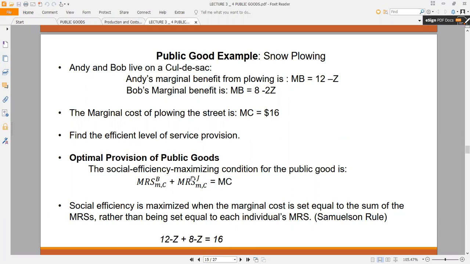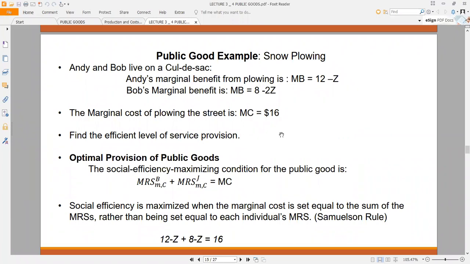Now, the condition is that we add their marginal benefits, then we equate it to what? To the marginal cost. If this was a pure private good, if you want to find the quantity that Andy will buy, equate Andy's marginal benefit to marginal cost. You solve for the quantity that Andy will buy, then you go to Bob, equate it to marginal cost, and then you find the quantity that Bob will buy.